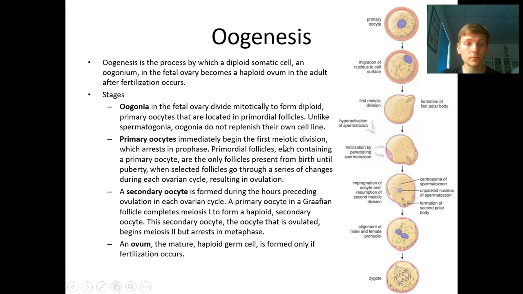This first polar body has no specific role. It is just a residue necessary to store the excessive genetic material. You remember that there are 2n in the primary oocyte, but the secondary oocyte, after the first meiotic division, contains only 1n, meaning 23 chromosomes.